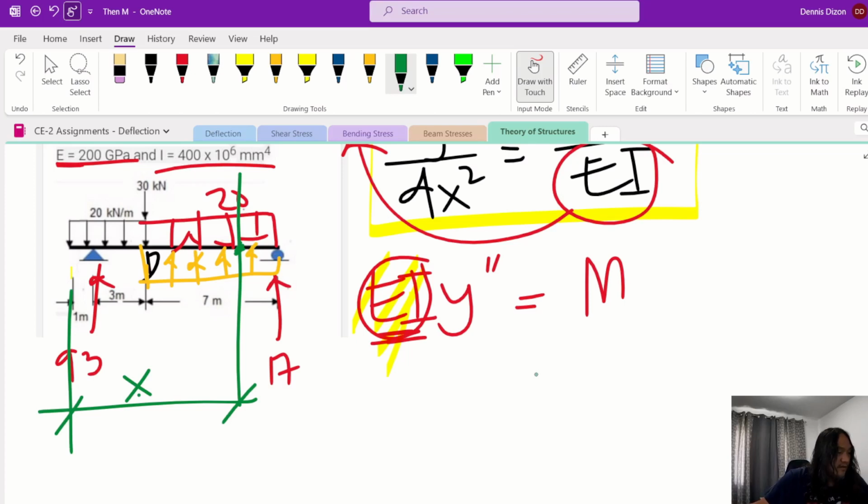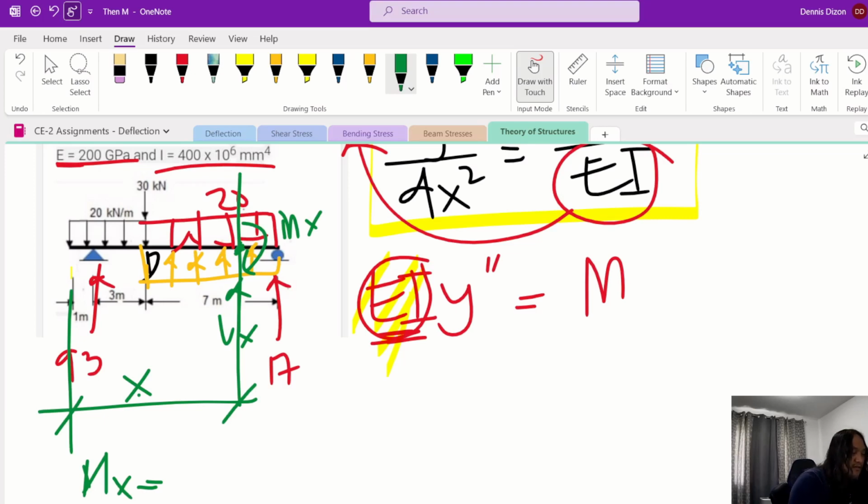So moment at X is equal to, if you cut the free body diagram, you have your shear at X here, and then moment at X. It doesn't matter if you assume the moment at X is going clockwise or counterclockwise, because once we solve the deflection, the sign of the deflection will determine if the deflection is going down or going up.